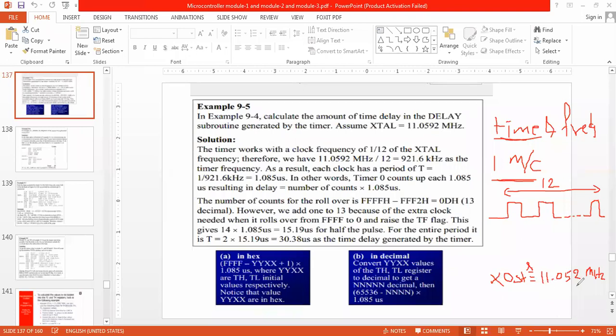So out of this 11.0592 megahertz, one instruction is going to be executed. It may take one, two or three machine cycles to be executed, depending upon the size of the instruction.